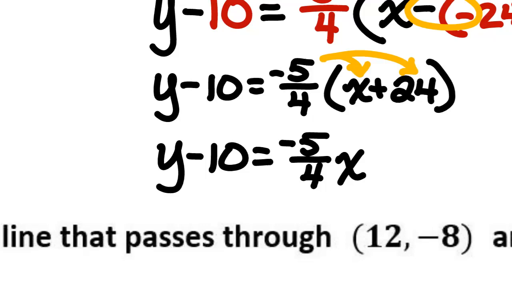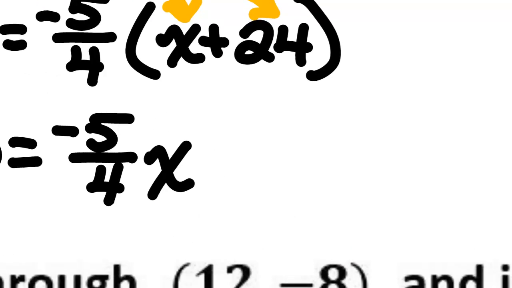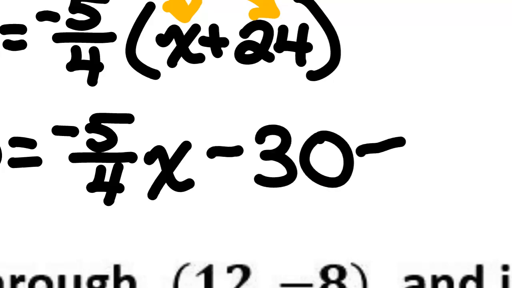What is negative 5/4 times 24? Negative 30. Negative 30.